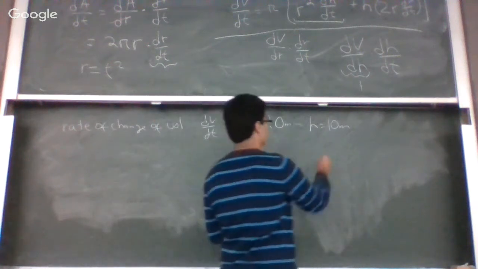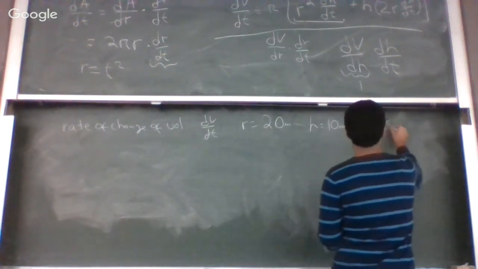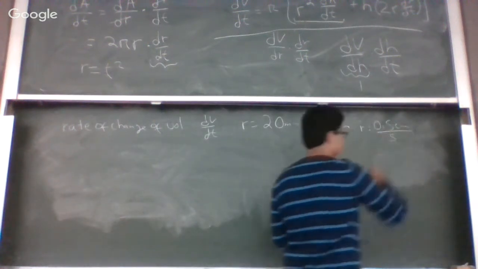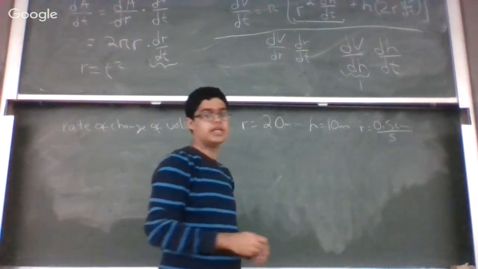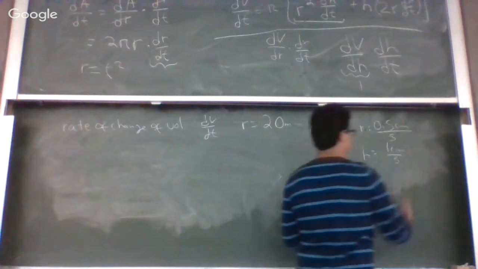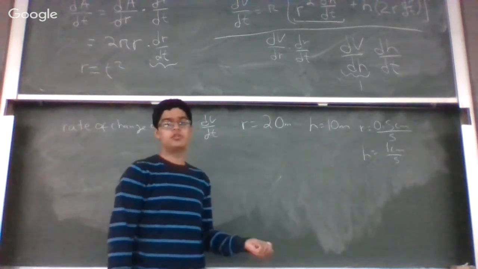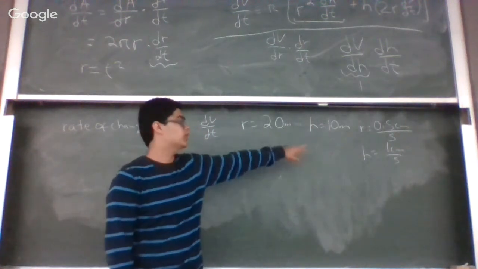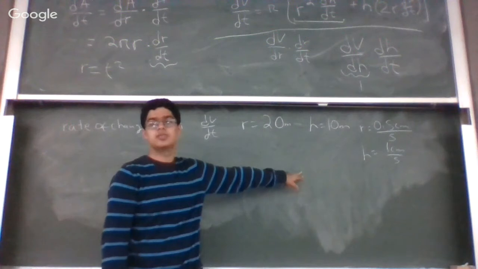R is increasing at 0.5 centimeters per second, and H is increasing at 1 centimeter per second. Okay? So the first thing they did was just convert these to meters per second.